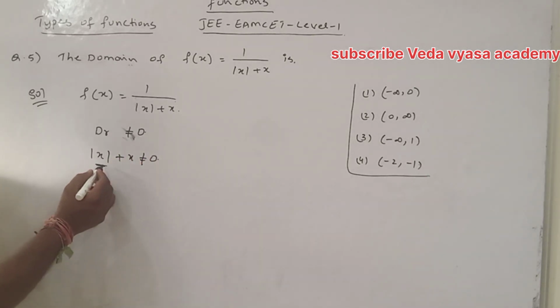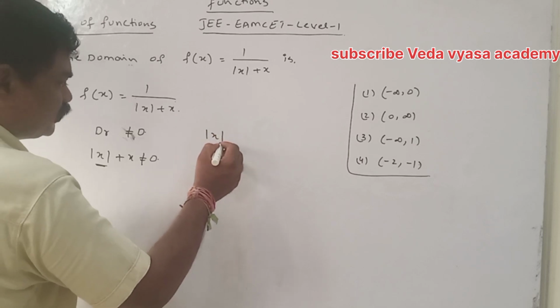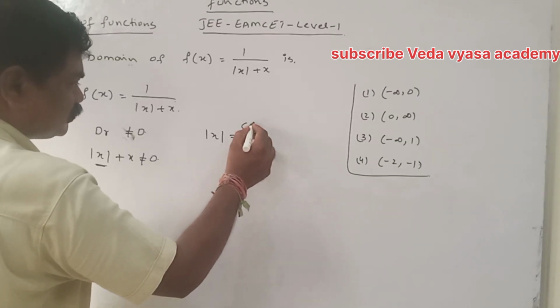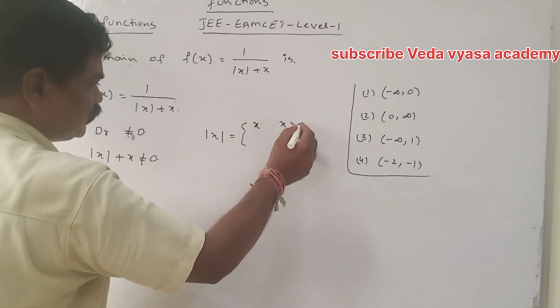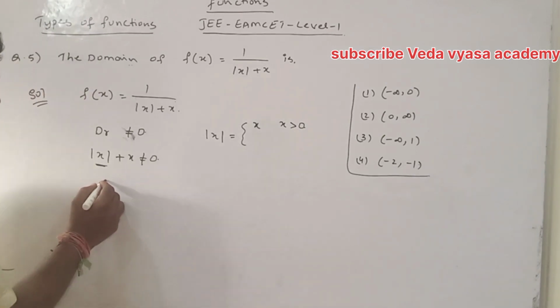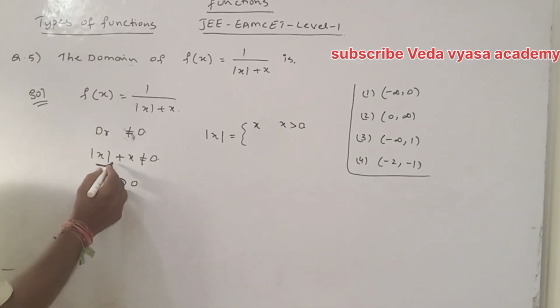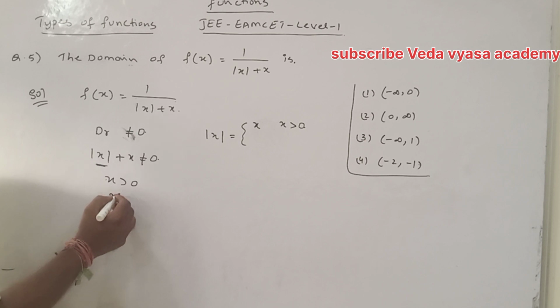If x greater than 0, mod x is equal to x, so mod x plus x will be 2x, which is not equal to 0.